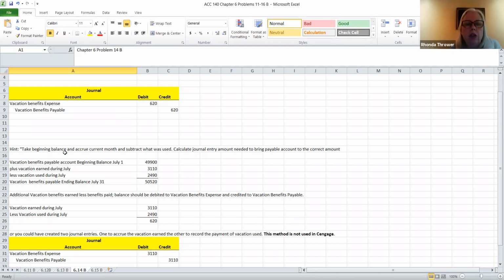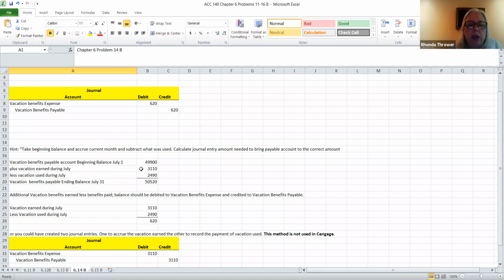And they've given you a hint here also, which is telling you that the vacation benefits payable account, the beginning balance that would be in the ledger, is the balance at July 1st of $49,900. That was given in the instructions to the problem.